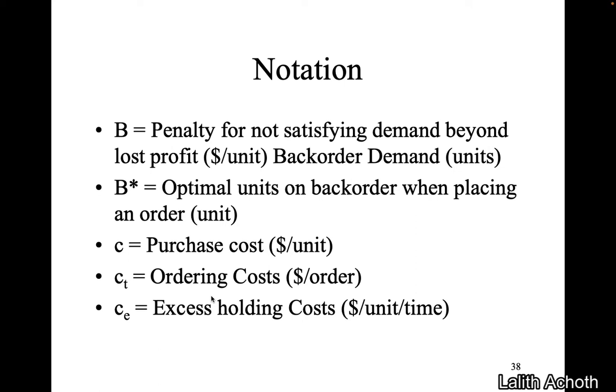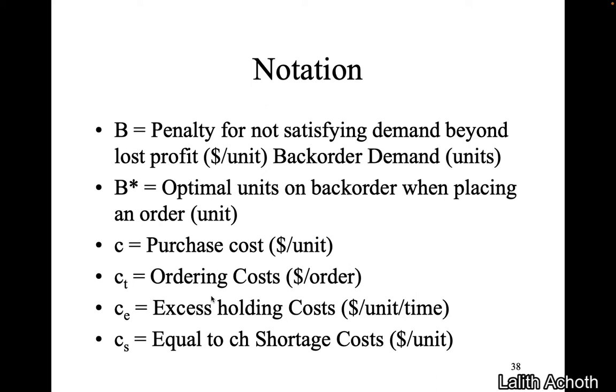So you get the optimum. C is the purchase cost. CT is the ordering cost. CE is the excess holding cost, which we just discussed a little while ago. CS is a shortage cost. You're familiar with it. D is the average demand.